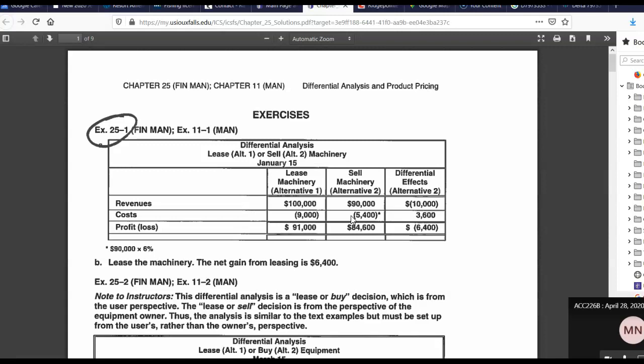Sorry about that. Okay, so with exercise 1, again, what we're looking at is this whole differential. And like I said earlier, this is the number that really matters, which makes sense. Do we go with leasing it or selling it? You can set this up many different ways, and that's totally fine.